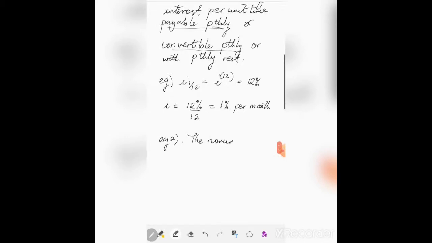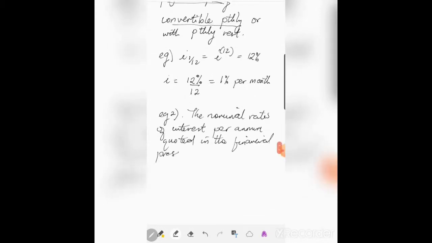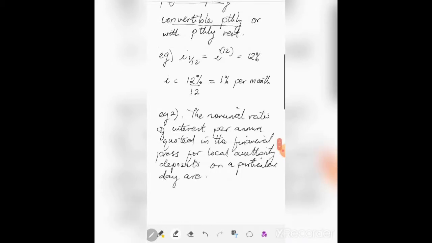The nominal rates of interest per annum quoted in the financial press for local authority deposits on a particular day are as follows.